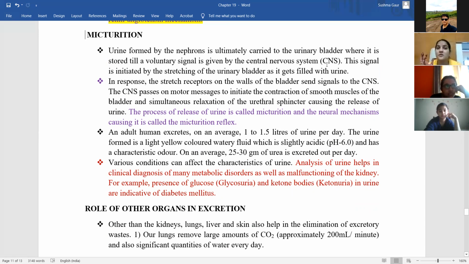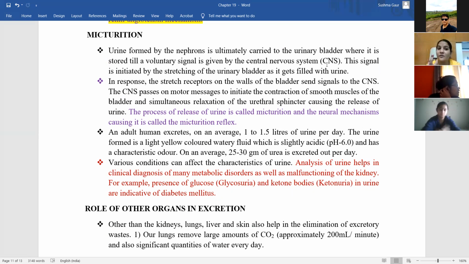Sometimes if we don't get a chance to urinate, we can feel that the lower side of our stomach starts feeling very heavy, because a large amount of urine gets collected in the urinary bladder. How do we come to know that now we should go to urinate?